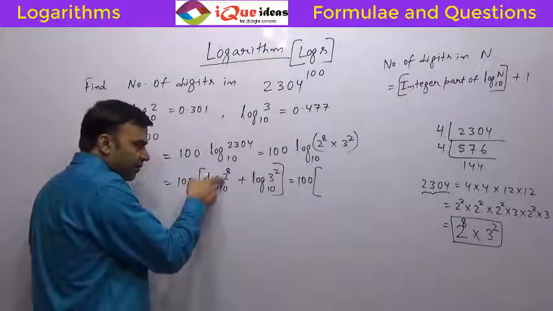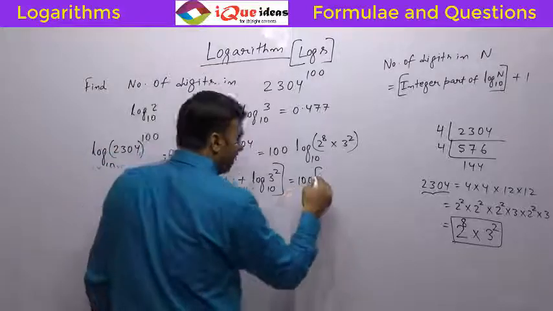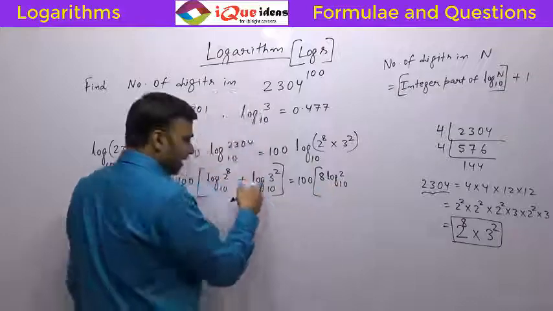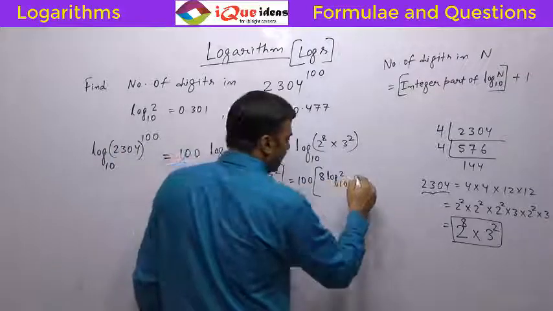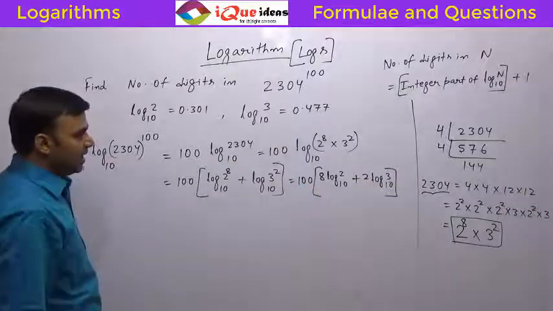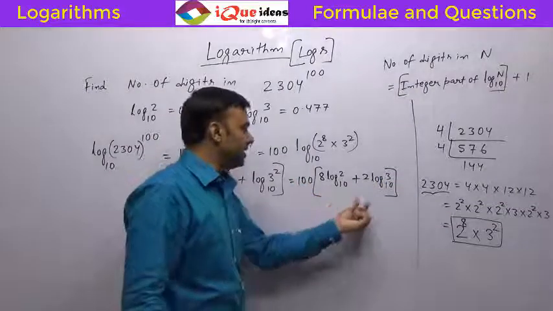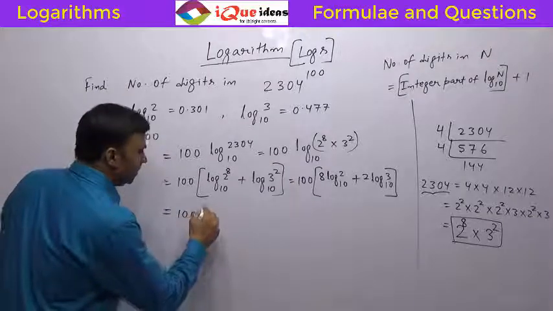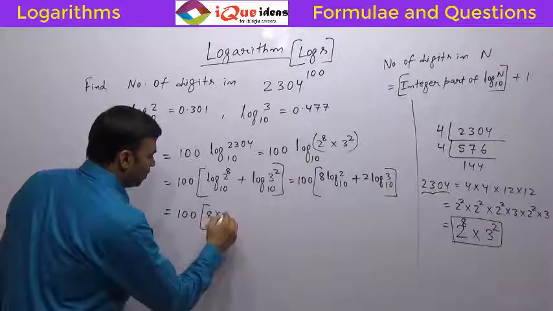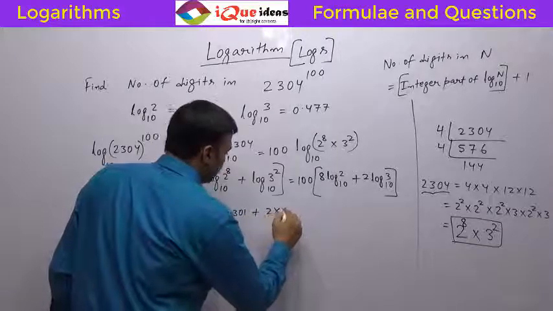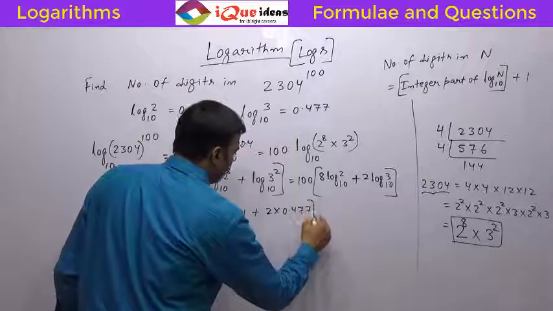In 2 raised to 8, this 8 comes out, so we have 8 times log 2 to the base 10. And in 3 square, the 2 comes out, so we have 2 times log 3 to the base 10. Now put the values of log 2 to the base 10 and log 3 to the base 10. So it becomes 100 times 8 into 0.301 plus 2 times 0.477.